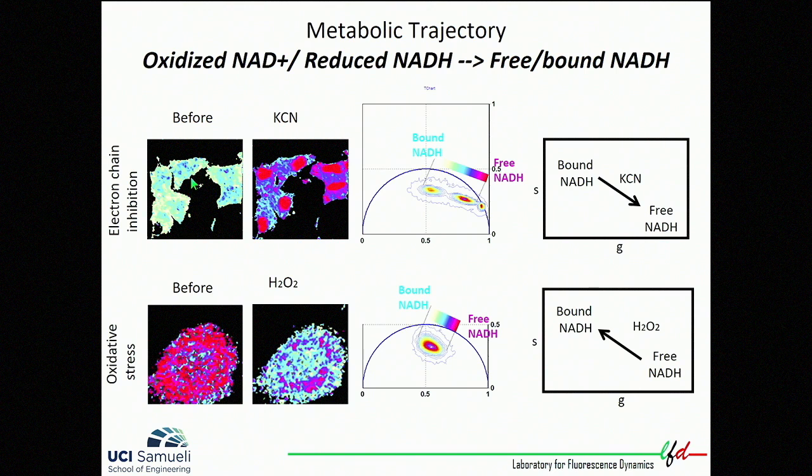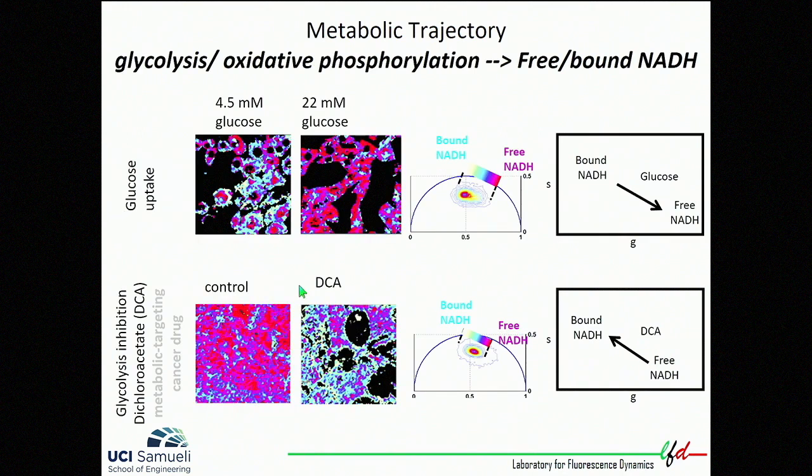So before adding the potassium cyanide, you could see oxidative phosphorylation or high bound NADH within the cells. And upon adding potassium cyanide, you see a shift in the trajectory of this polar coordinate system, which shows a higher fraction of free NADH.